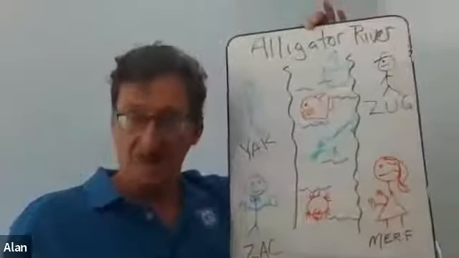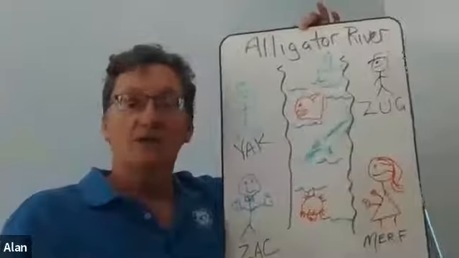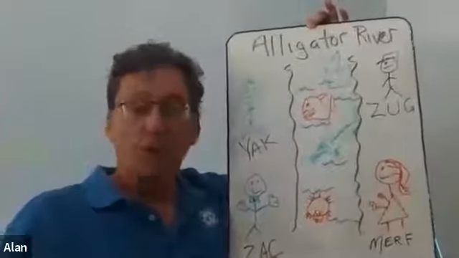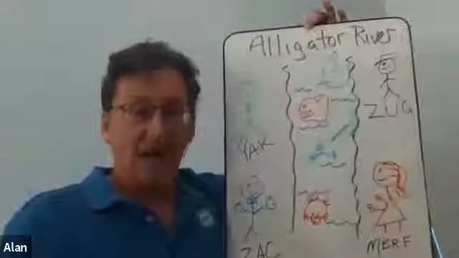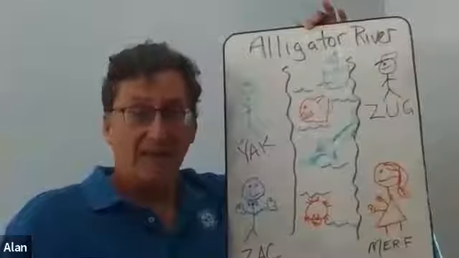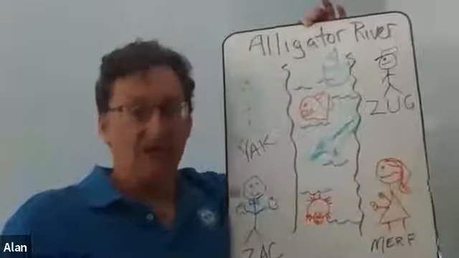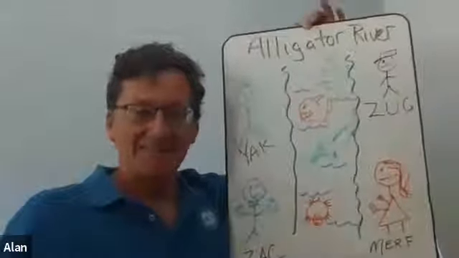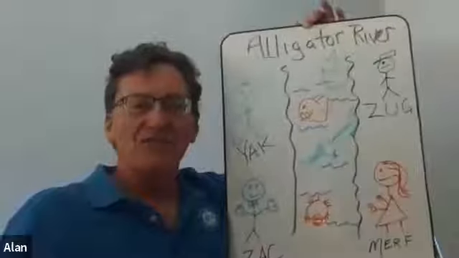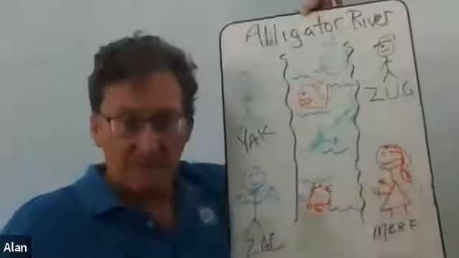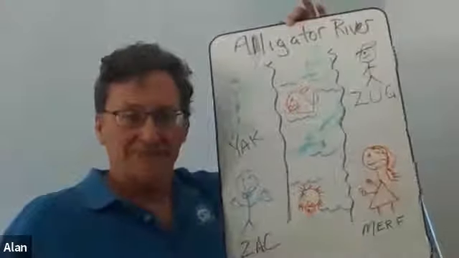Once upon a time, there was a girl named Murph who lived on the west bank of Alligator River. The river was filled with alligators, snapping turtles, and piranhas.